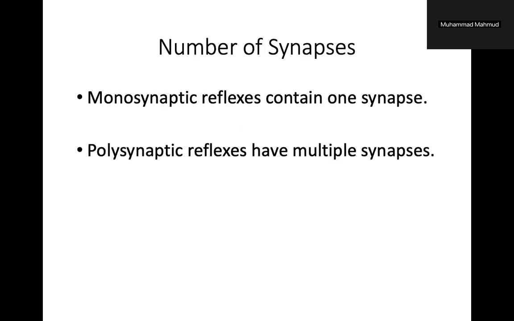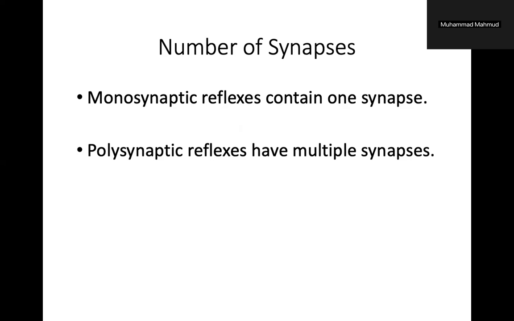Starting with these two words, monosynaptic versus polysynaptic. If the reflex contains one synapse, okay, we know a synapse is the junction between the axons or the junction between the nerve and muscle. In this case, definitely it will be between the neurons.